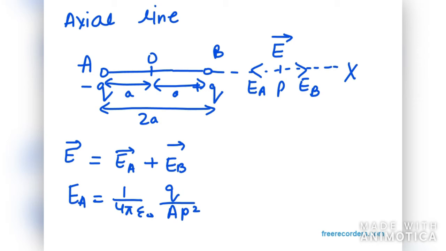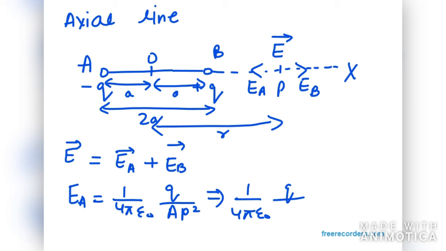Now AP square will be, I will be taking this distance from O to P as r. So it will be 1/4 pi epsilon naught q over AP square. AP in this case, A starts from here, so it is a, then we have r.